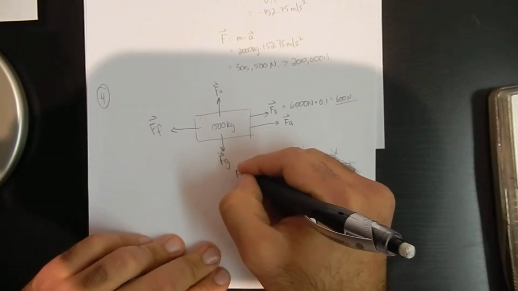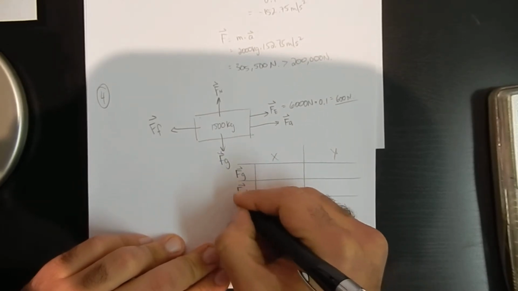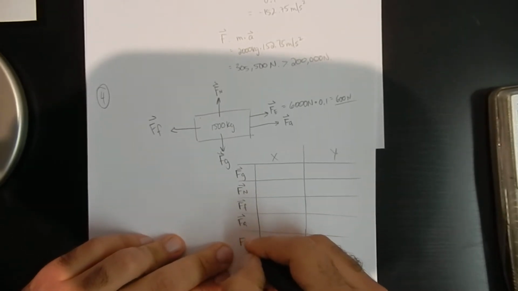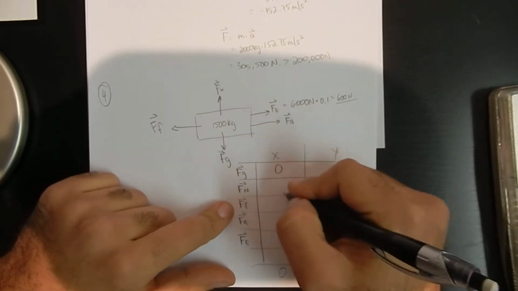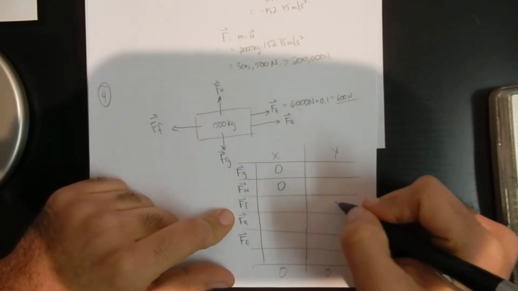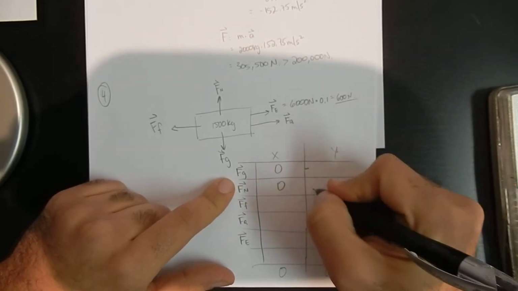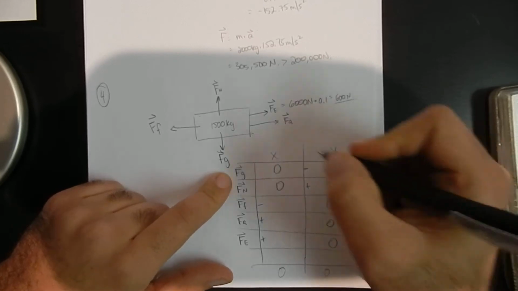Alright, so here are my forces: the force of gravity, the force of the normal, the force of friction, the force applied by you and your friend, and then the force of the engine. Alright, so the force of gravity has no x. These ones have no y. This is going to be negative, this is going to be positive, negative, positive, positive.